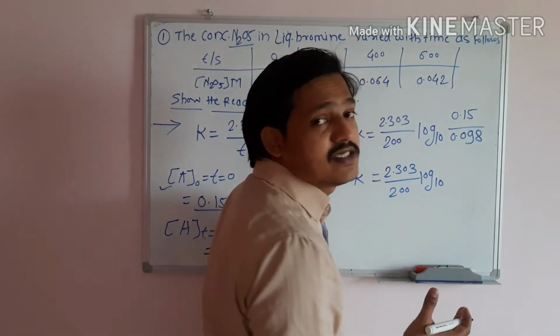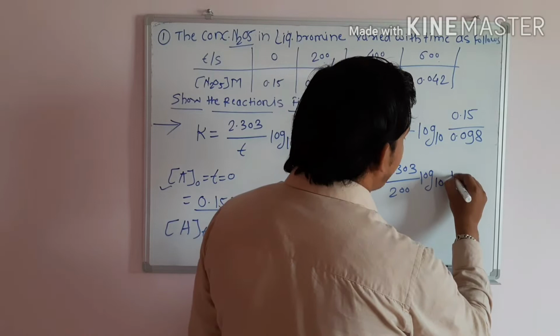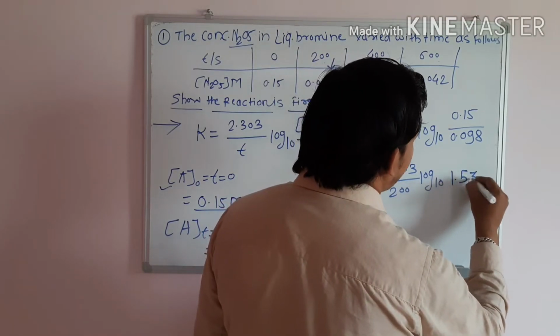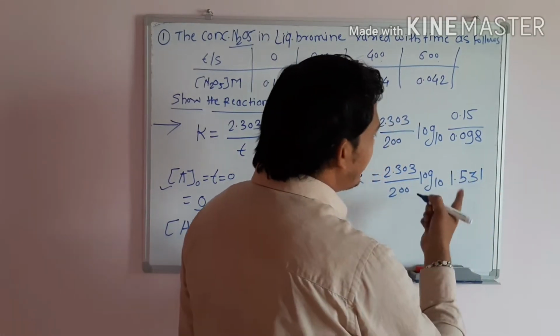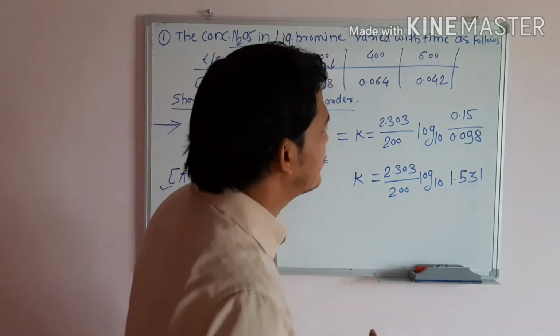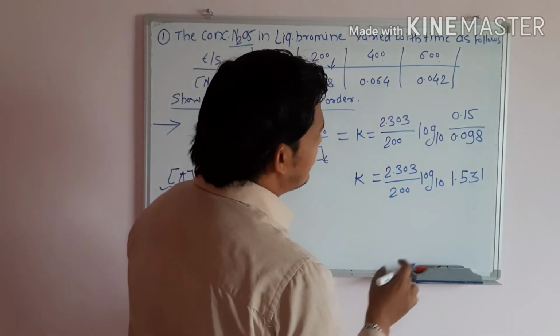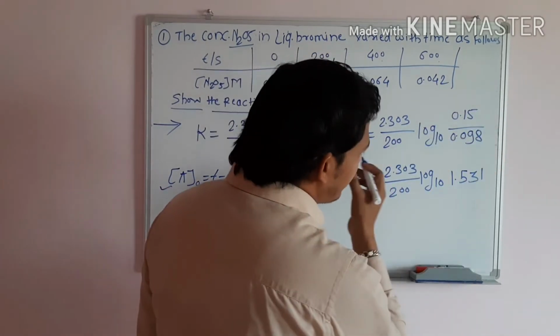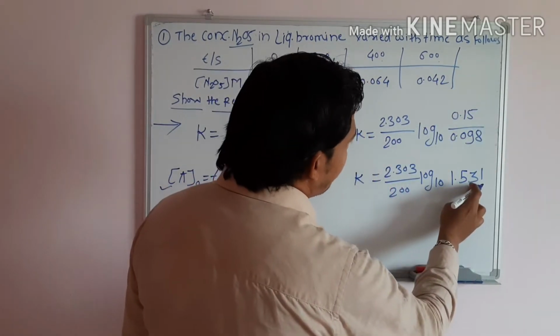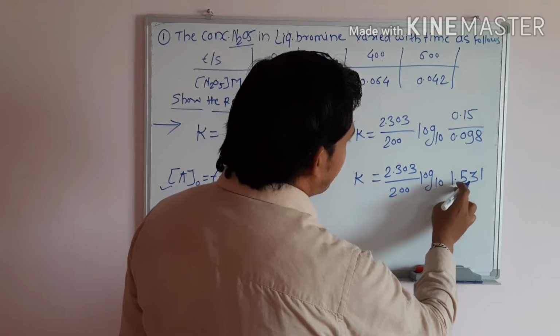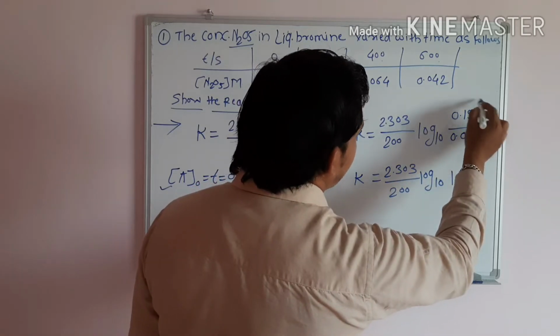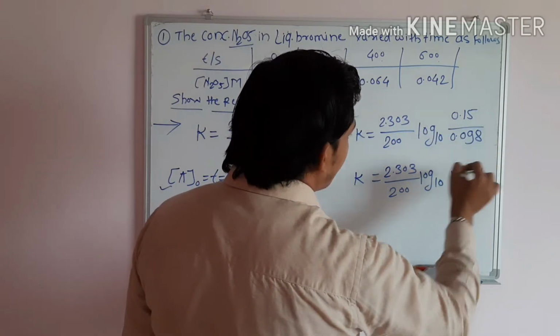If you solve this, you will get 1.531. I am directly writing it here because you can do the basic maths; 150 divided by 98 gives 1.531, which is just the answer of the division.